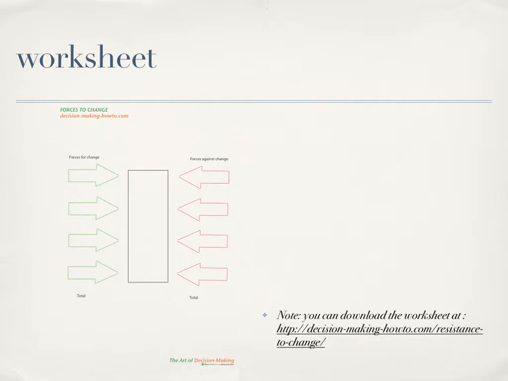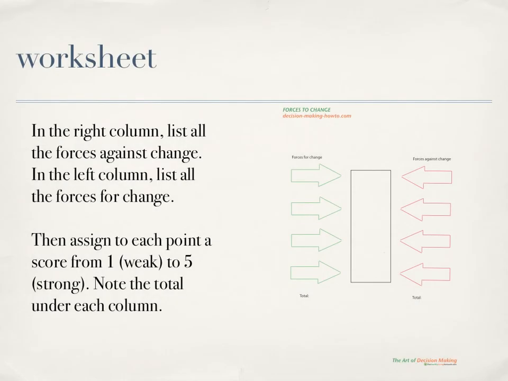In the right column we're going to note the different points that come to mind about why we are having a hard time moving on with our project or our goal. And on the left side, you're going to mark down the motivations to go on with this change.